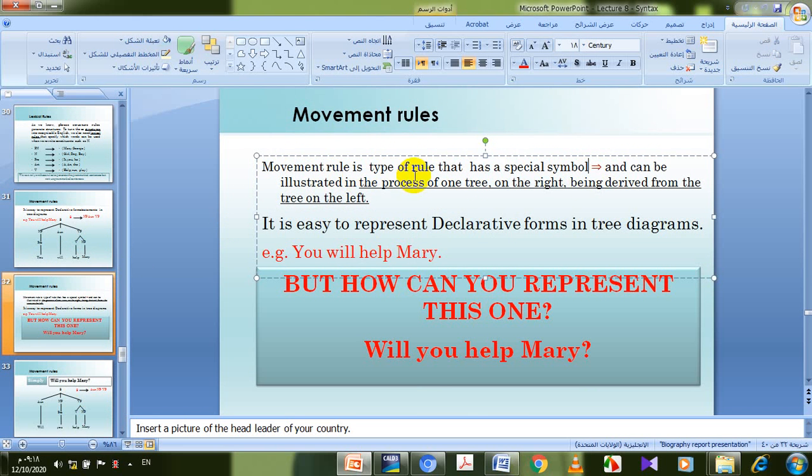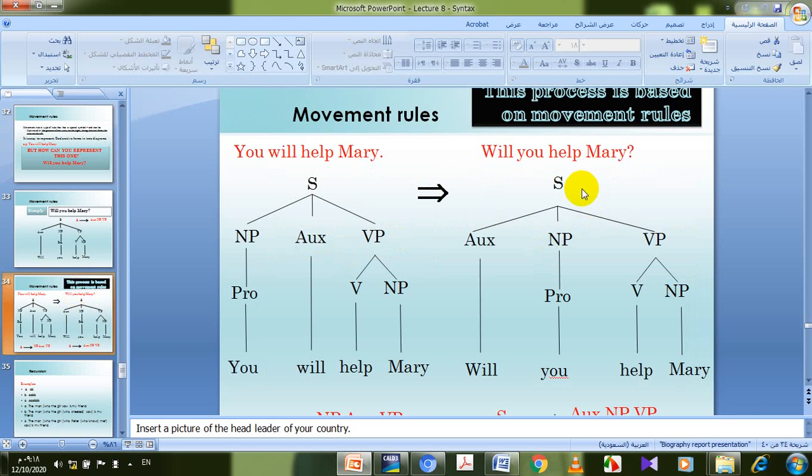So a movement rule is a type of rule that has a special symbol and can be illustrated in the process of one tree on the right being derived from another tree on the left.